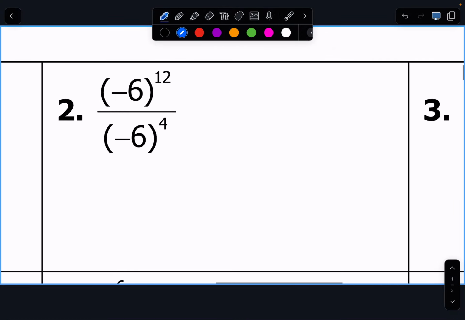Okay. Are we dividing with the same base in number 2? Okay. So we're going to keep the same base. What's 12 minus 4? I am not going to make you put this into your calculator. That's unnecessary. Okay.